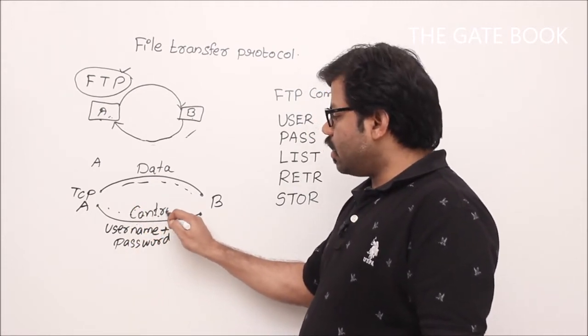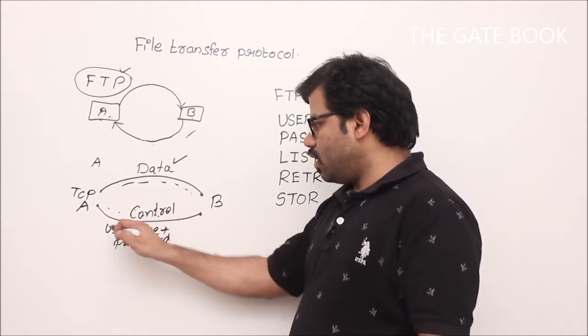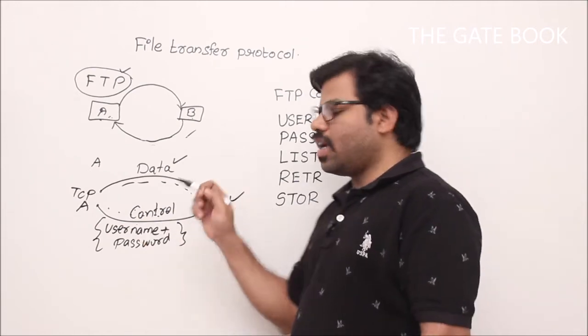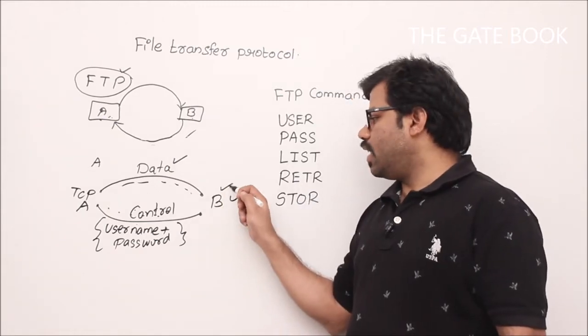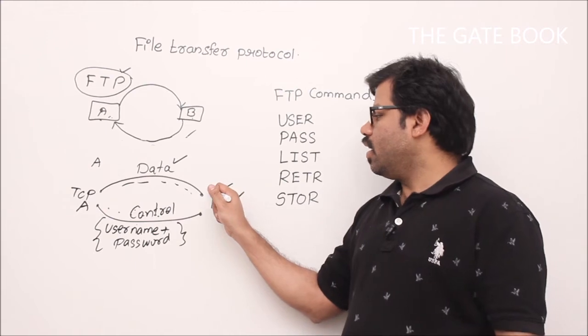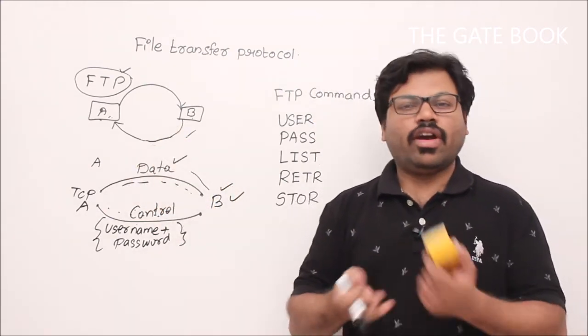There is another connection, that is the data connection. After the control connection's work is done, like the username and password are exchanged and B agrees, let's say B is satisfied with that information, then B will say okay, that is the response it will give. Then immediately data will be transferred through the data connection. So there will be two connections. Why two connections?